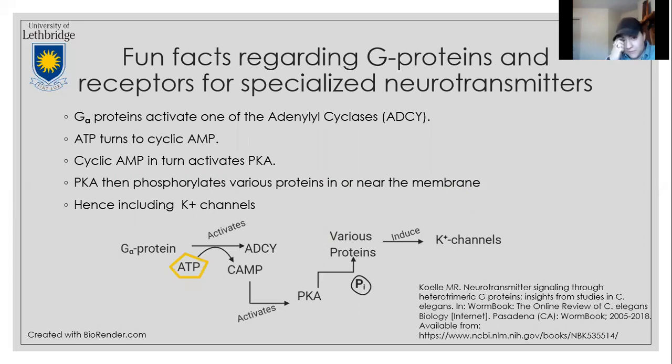So, a fun fact regarding G proteins and receptors for specialized neurotransmitters: the alpha subunit of the protein is going to activate one of the adenylyl cyclases, which in turn is going to generate cyclic AMP from ATP, and the cyclic AMP in return is going to activate another membrane-associated enzyme.